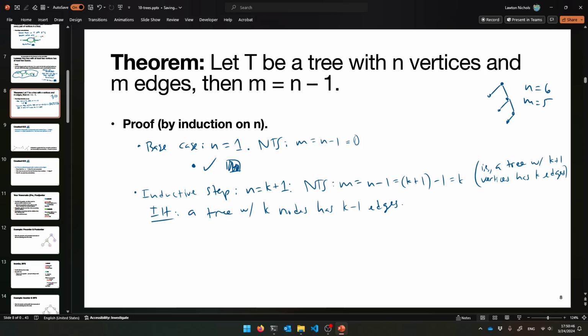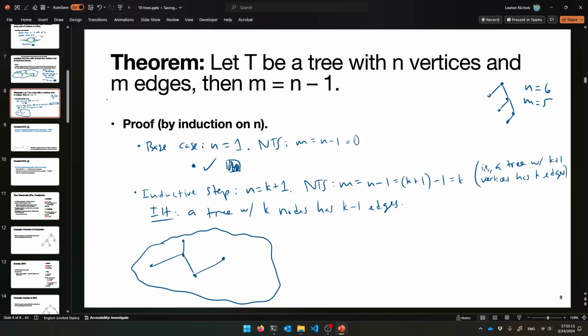Okay? And here's how we're going to use this to prove this, right? So we have a tree, and there are k plus 1 nodes in it. That's what we have right now to work with. Okay, so here's my tree. It looks weird. I don't know what it looks like, but it looks like this. What we're going to do is find a leaf of this tree, whatever it looks like. It could look like anything, right? All we know is it has k plus 1 nodes in it.